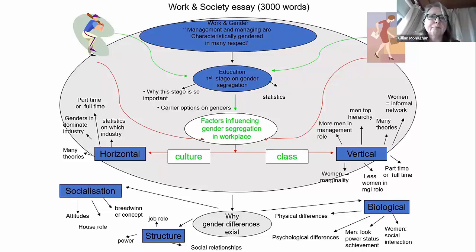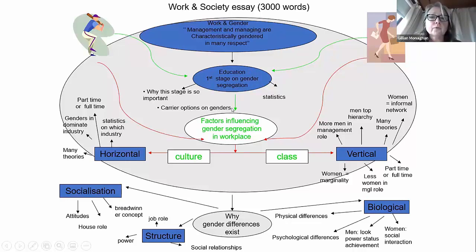So does whether you're male or female influence the opportunities you have in terms of reaching high levels within an organisation and managing? And so this student starts to think about these ideas and thinks, well, okay, the first stage of gendering is actually in education, right from the start of education. So why is this stage important?